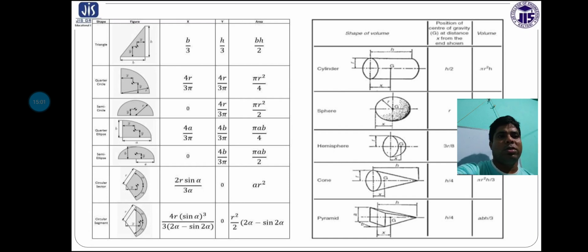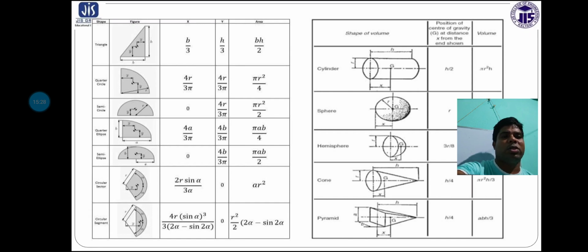And in the cylindrical surface case, the value will be h by 2, where h is the length of the cylinder, and the volume will be pi r square into h. So these are the main formulas that you must remember to solve problems regarding the centroid or center of gravity.